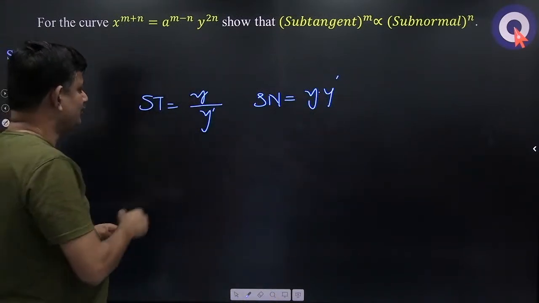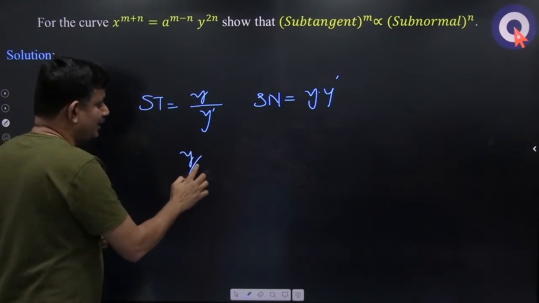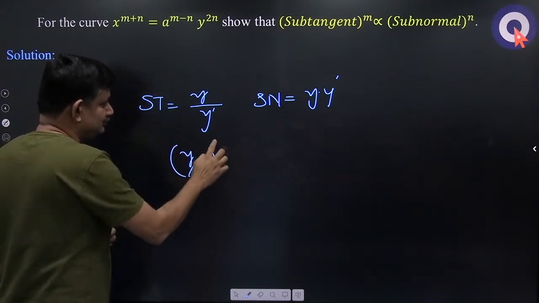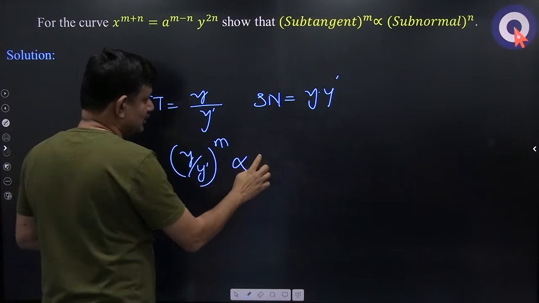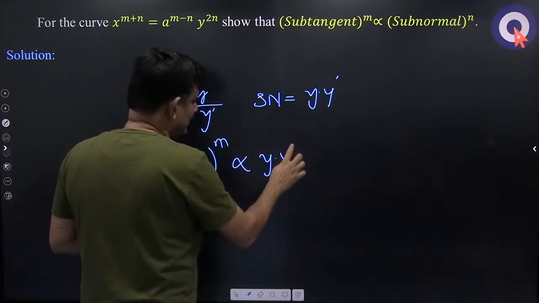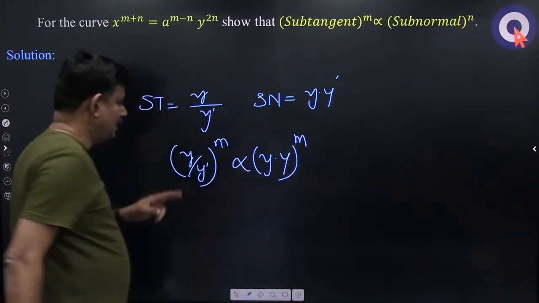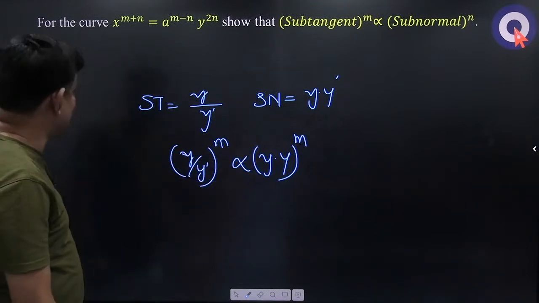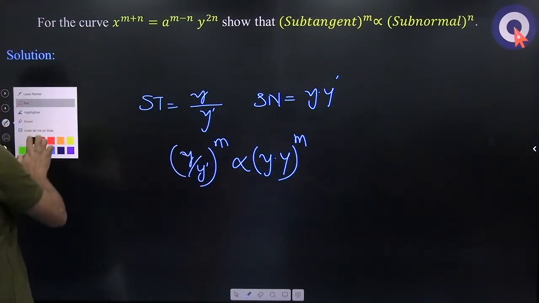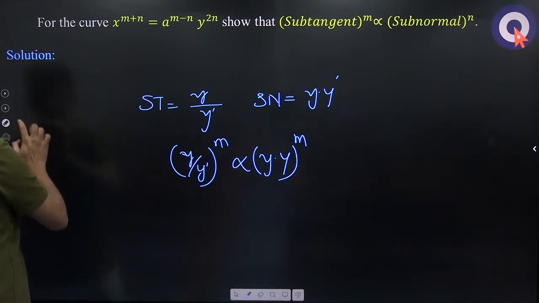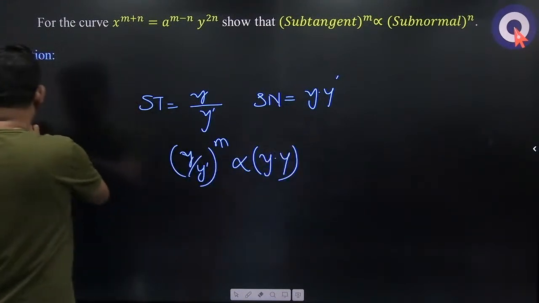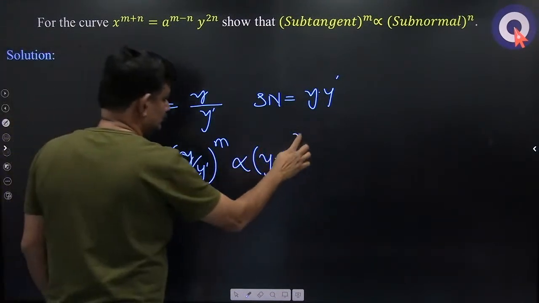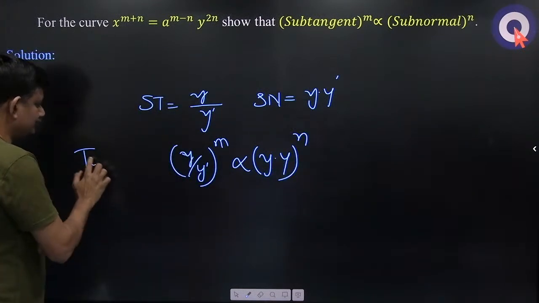Now what I have to prove is y by y dash to the power m is proportional to y into y dash to the power m. This is what we need to prove.